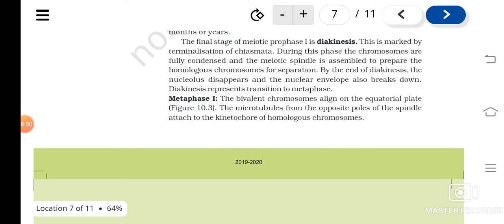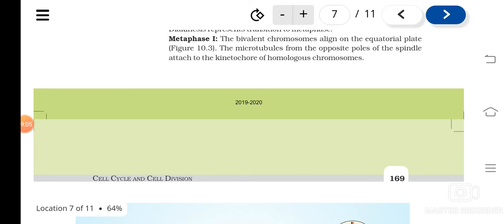Then the microtubules from the opposite poles of the spindle get attached to the kinetochore of the homologous chromosome. The spindle fibers form and get attached to the kinetochore. The centromere is the primary constriction to which the chromatids are attached.